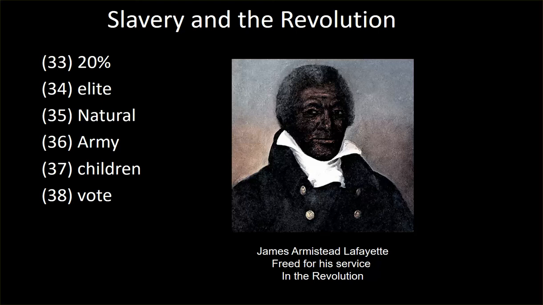Even in the North, where there wasn't widespread slavery, it was kind of hard to get emancipation off the ground. Property rights were usually a roadblock there. Even people who opposed slavery kind of shied away from taking what was legally defined as someone else's property, even if that property was a person.